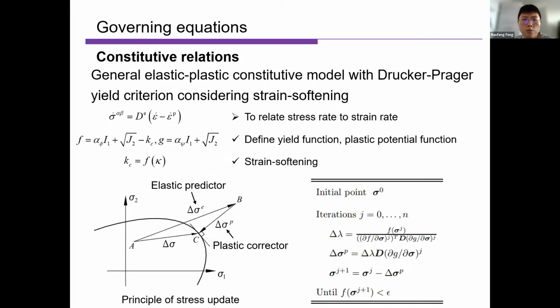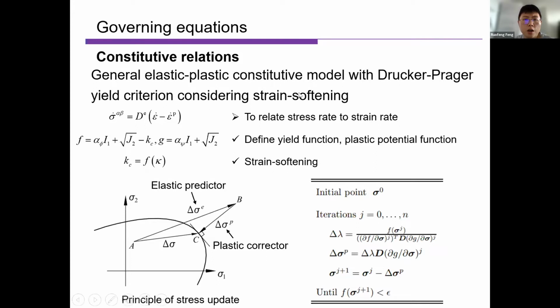You may know that in some studies, they use fluid models, such as non-Newtonian models, to simulate landslides. But here we would like to take advantage of the knowledge of soil mechanics. So we use an elastic-plastic constitutive model to simulate the soil behavior.